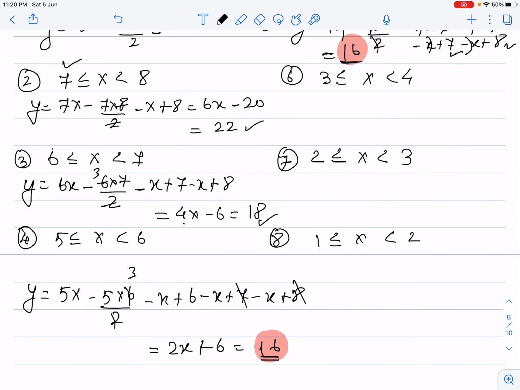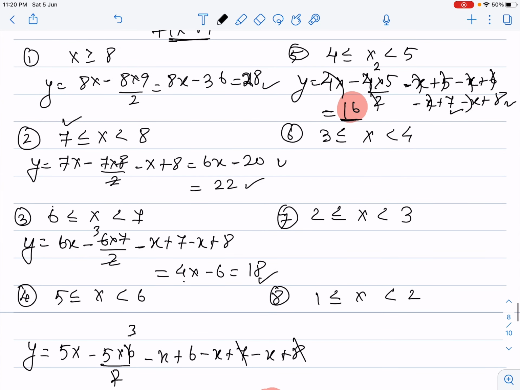Now we will check the next two values. That will become 3x minus 3 into 2 by 3 into 4 by 2, sum of first three consecutive natural numbers, minus x plus 4, minus x plus 5, minus x plus 6, minus x plus 7, minus x plus 8. So minus 2x, minus 3x, minus 4x, minus 5x, plus 3x, so minus 2x.